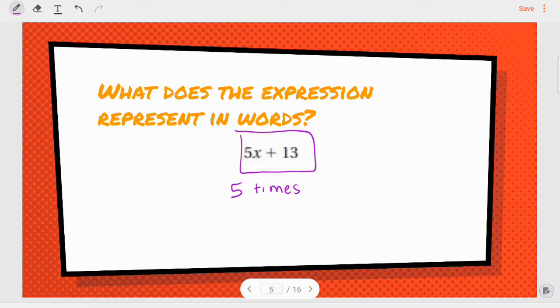Now you might say to yourself, I don't see a multiplication sign in there. Remember, when a number is next to a variable, that means multiplication. 5 times x plus 13. So this expression says I'm going to multiply 5 and x together, and then I'm going to add 13.